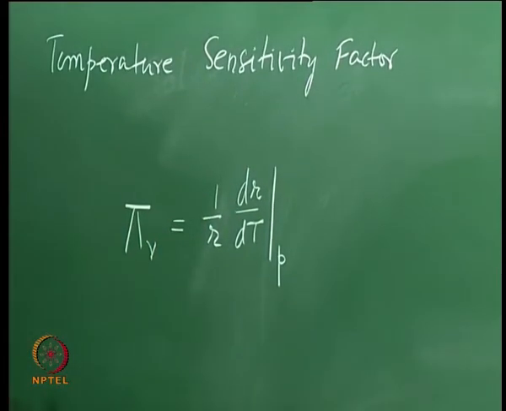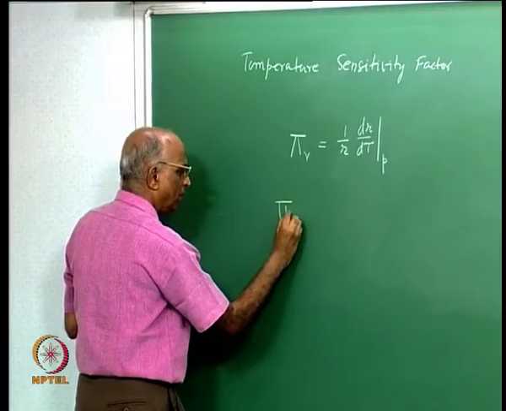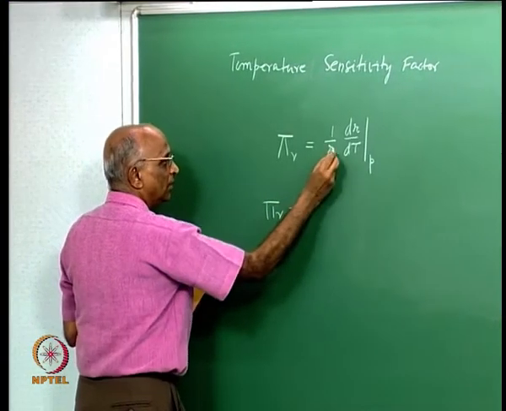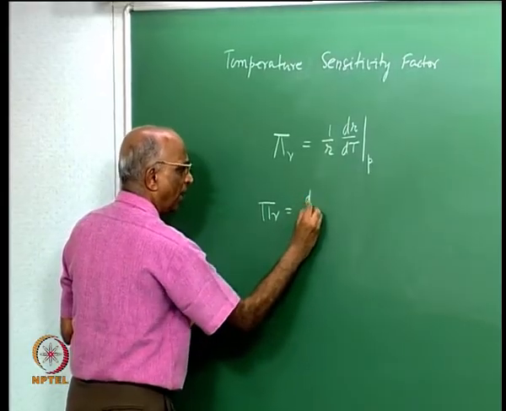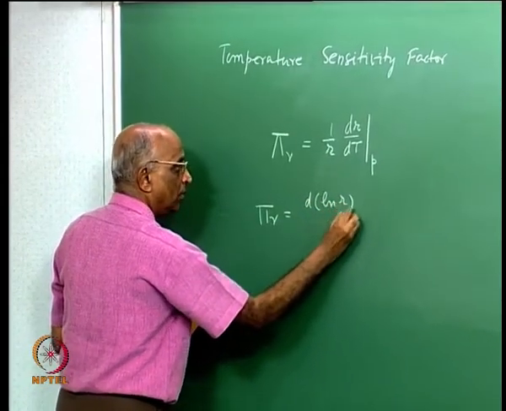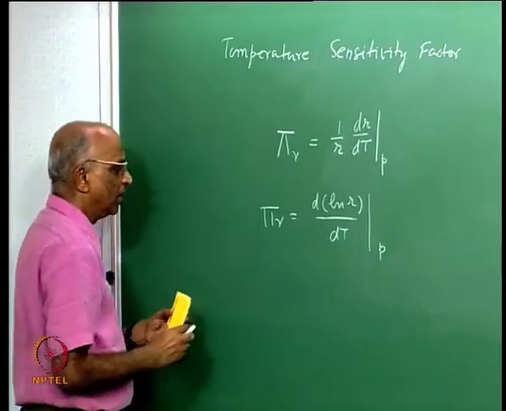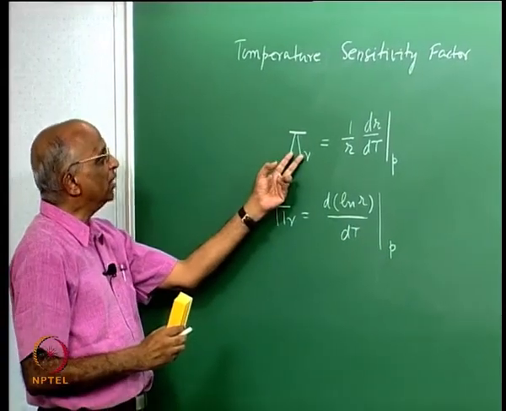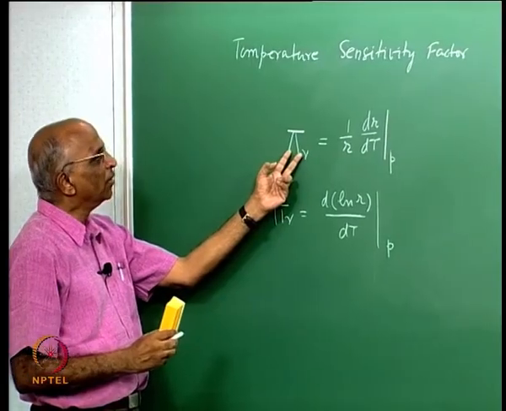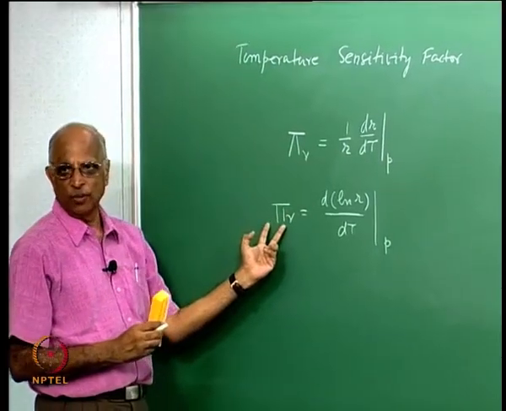In other words, we define pi r is equal to dr by r, that is d ln r, divided by dT at constant pressure. This is defined as the temperature sensitivity factor for a solid propellant.